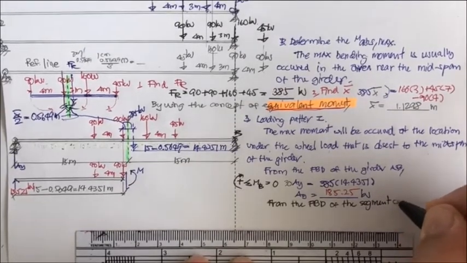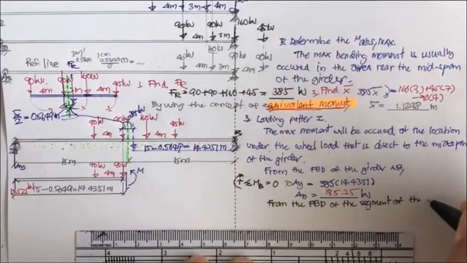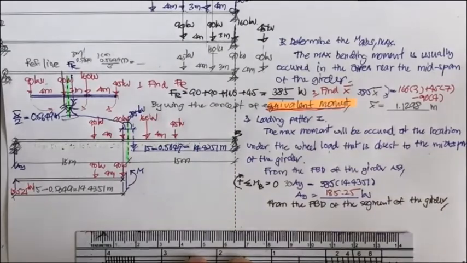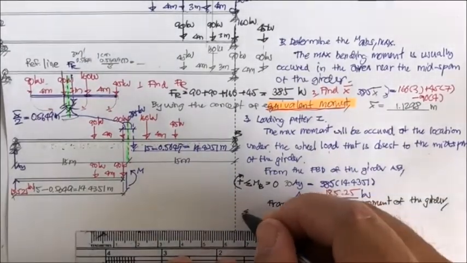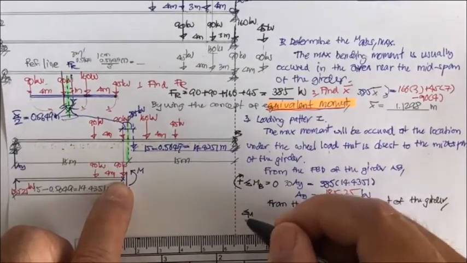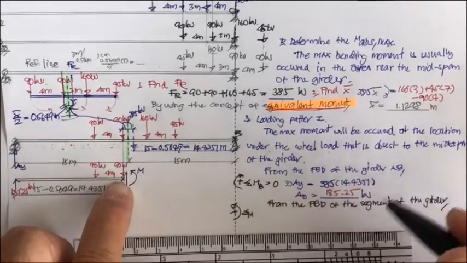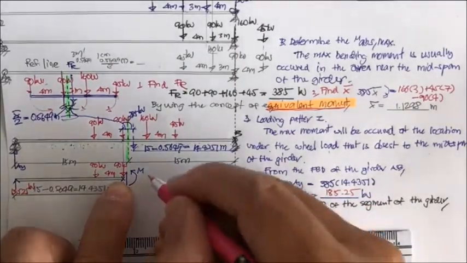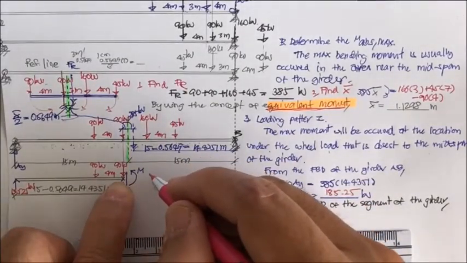Six meters of the girder. Okay, and then we do the same thing, summation of the moment. This time this one is positive, equal to 0. Let's say this one is M1.